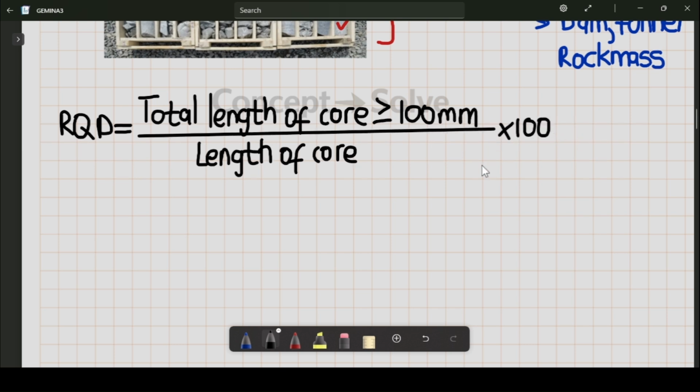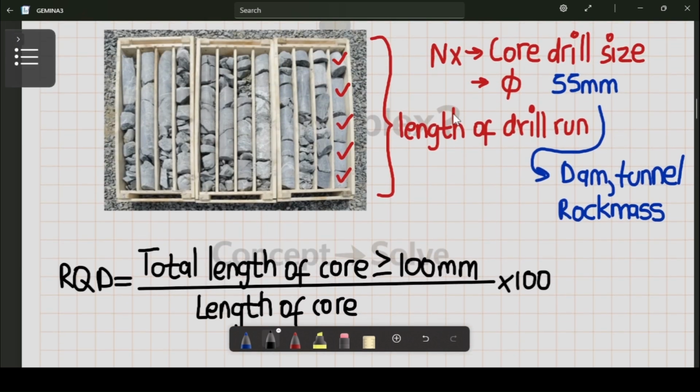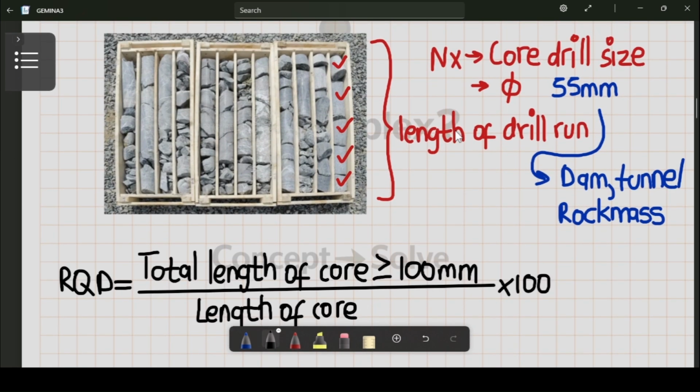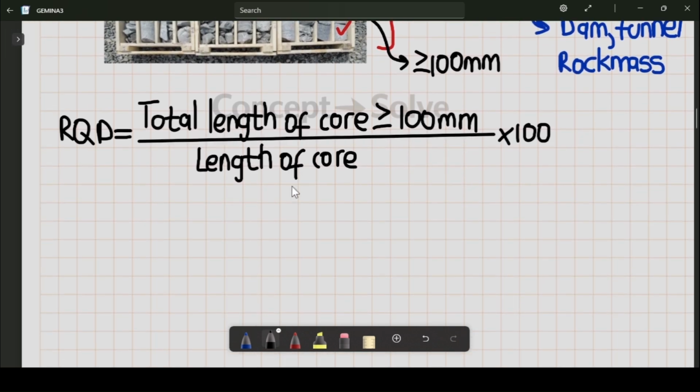The greater than or equal to 100 means that if we go back to the diagram, these sticks that we showed, we will only take the sticks that are equal to or greater than 100 millimeters. If it's anything less than that, it will be ignored in the RQD calculation.